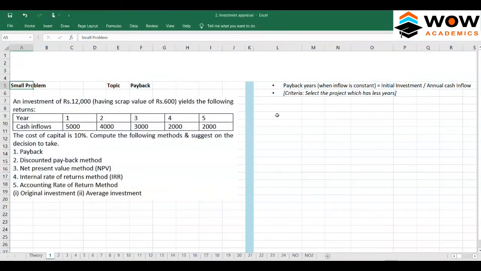So in the payback method, we have to start from years, cash flow, then cumulative cash flow, and finally we have to get the answer.